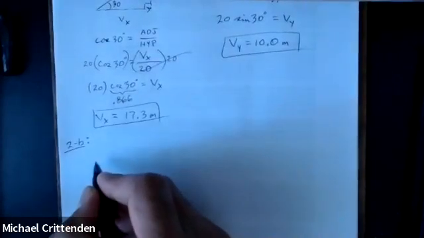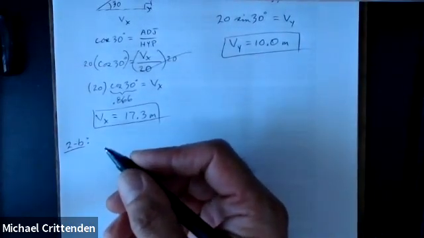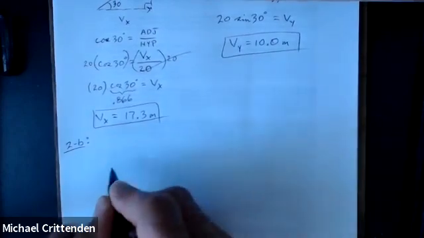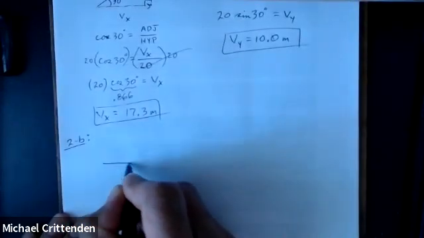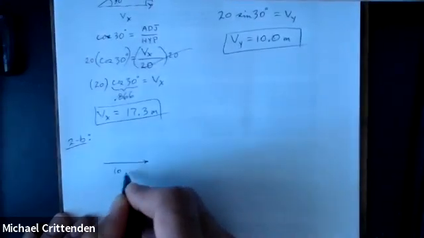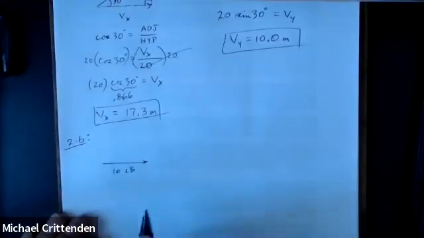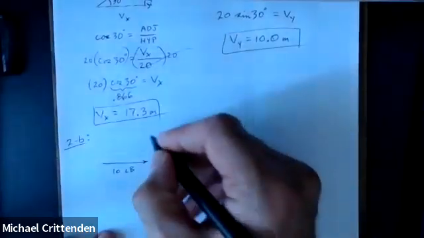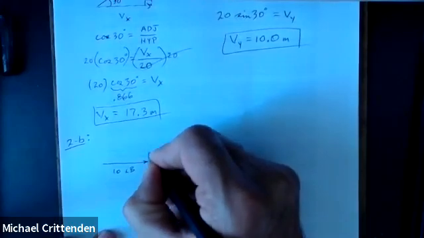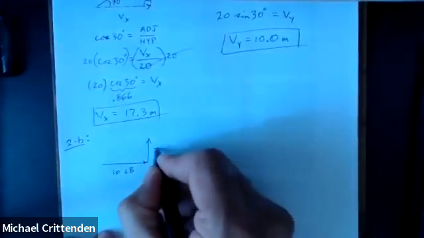The question says, this time it's force vectors because they're measured in pounds. It says the x component is 10 pounds. So draw that in the x direction, pointing toward the right. And it says the y component is 5 pounds.